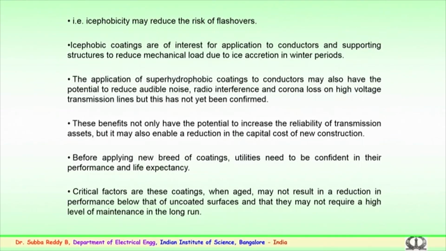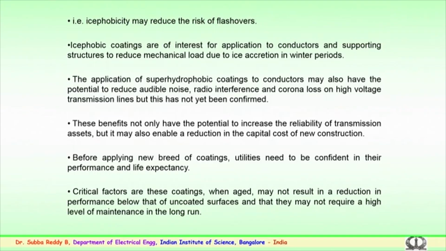So, before applying any new type of coatings, utilities or the power transmission companies need to be confident in their performance and their life expectancy. So, directly going in for coating without knowing the performance may not be the right approach.